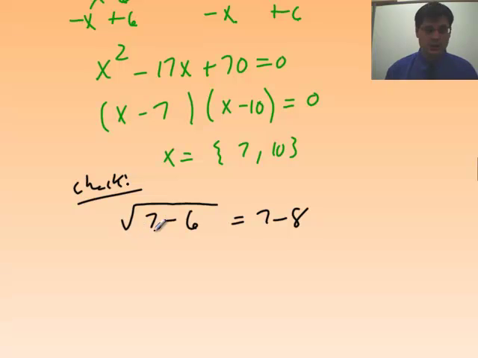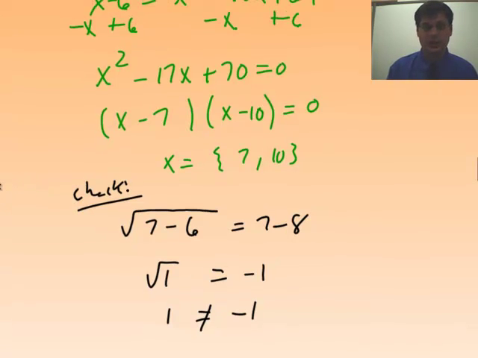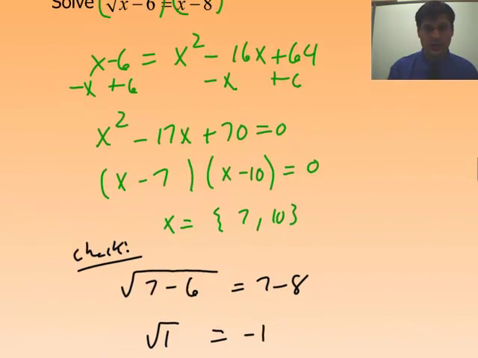Well, 7 minus 6 is 1, so the square root of 1, and this is going to equal negative 1. Well, the square root of 1 is 1, but 1 does not equal negative 1. 7 is not a real solution. 7 is what we call an extraneous solution.